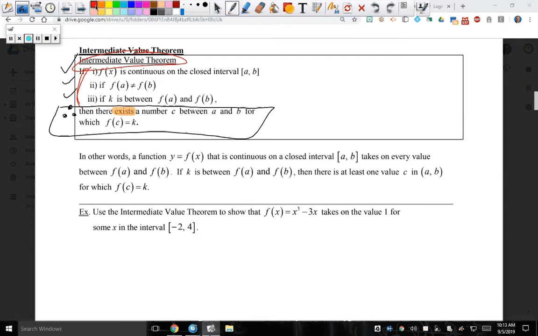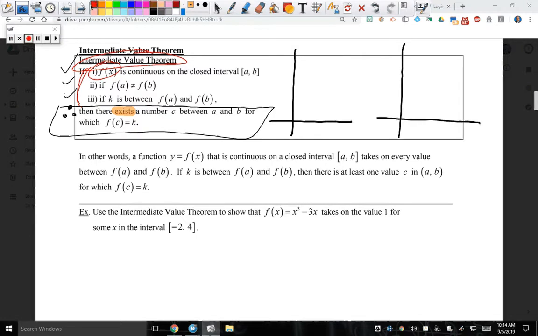First of all, f of x is continuous on the closed interval a to b. In other words, it has two endpoints and it's continuous in between. You with me? As we do this, I want to see what that looks like to you.